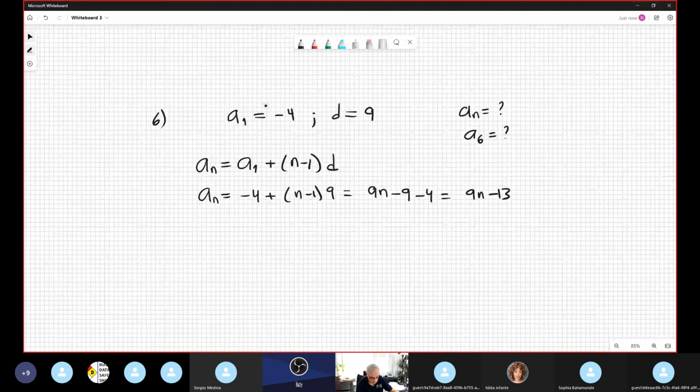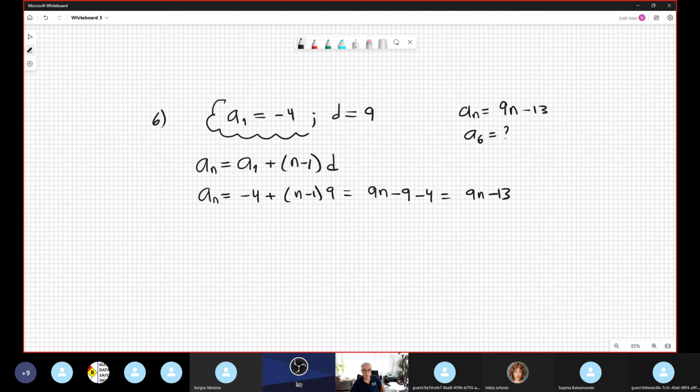Okay, let me check in my word and a piece of paper. Yes, it's the answer. This is the a sub n explicit formula that generates our full sequence under this condition.